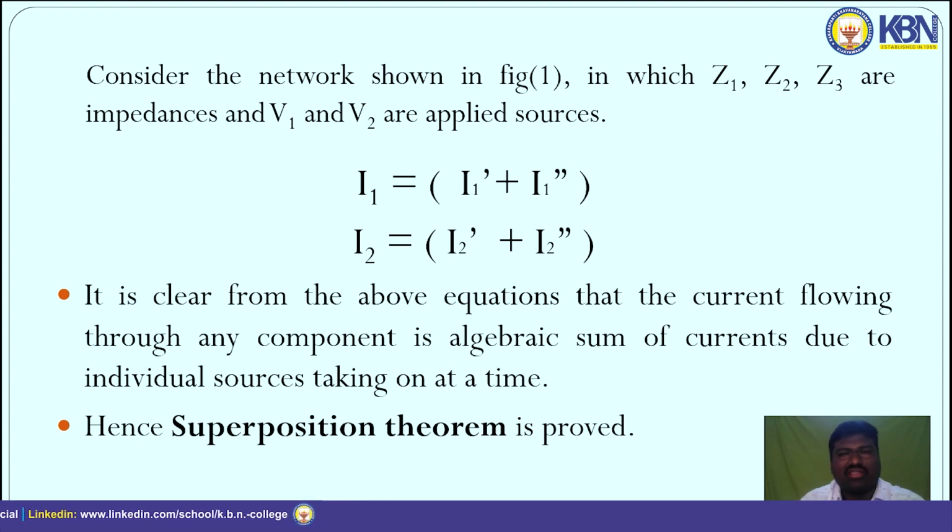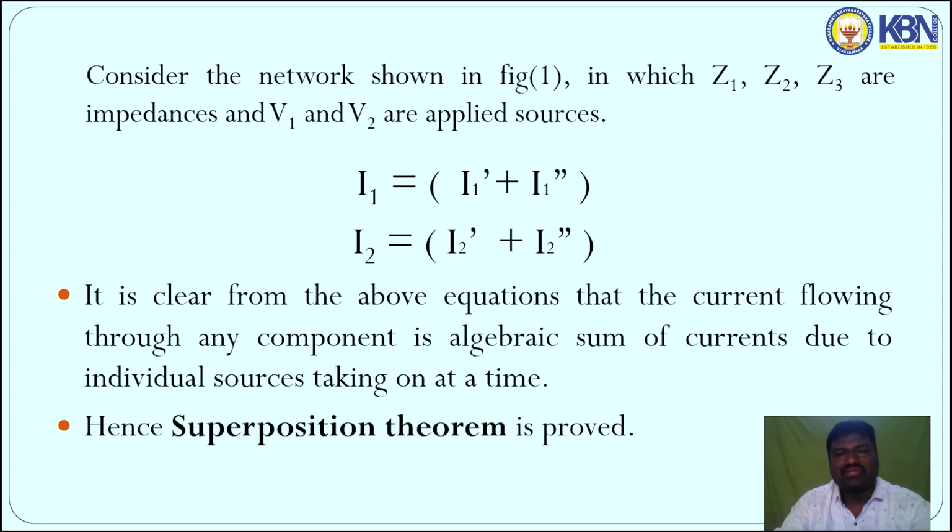Consider the network shown in the figure in which Z1, Z2, Z3 are the impedances and V1, V2 are the applied sources. By applying mathematical analysis to the circuit, we find that each current will be the sum of the individual currents due to each voltage source.